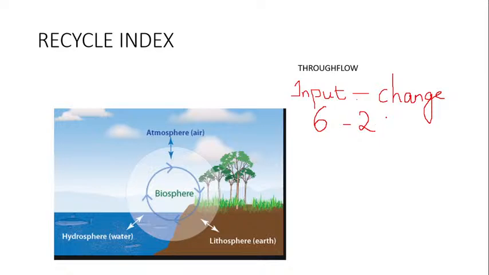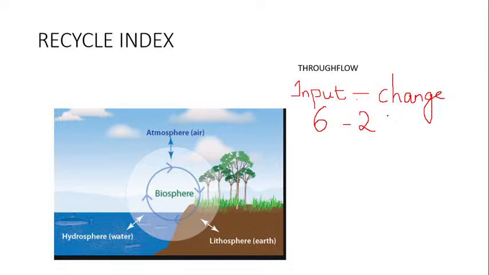So through flow is defined as the sum of all inputs minus the storage, whatever the storage is. That is called through flow. So recycle index is the ratio of amount of material cycling in the compartments and the through flow.